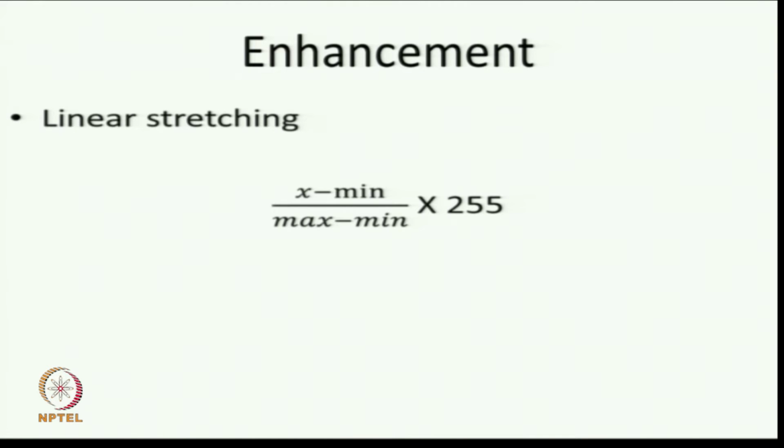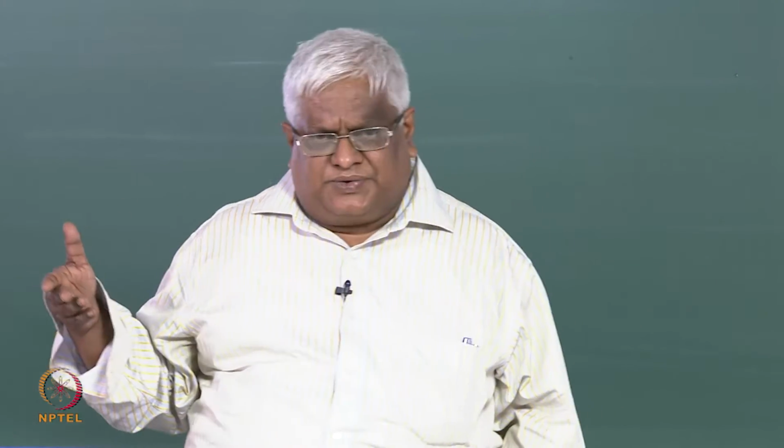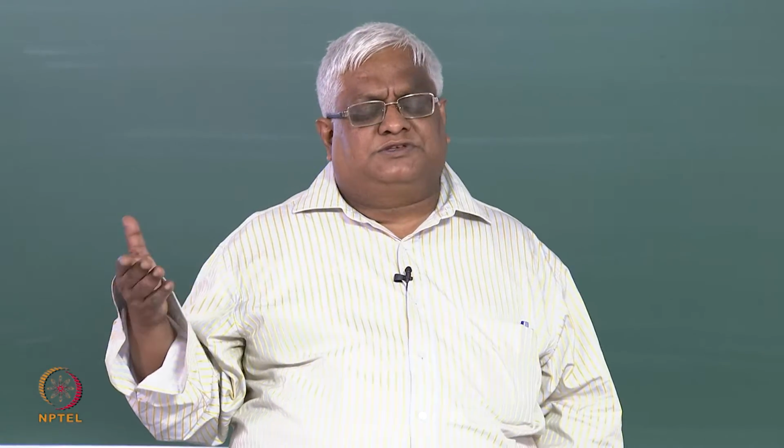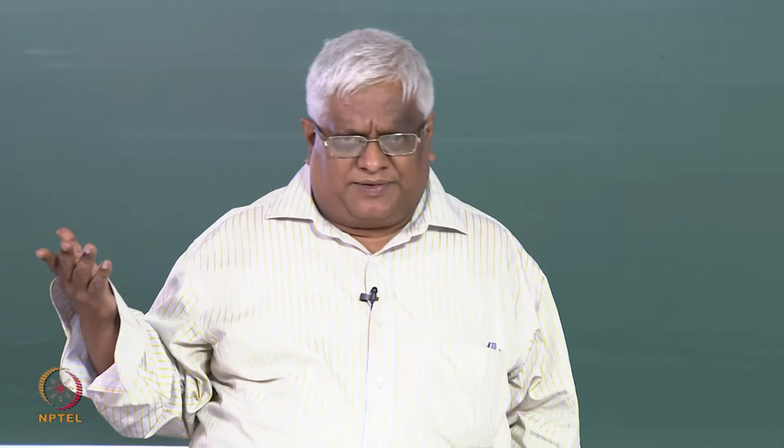For each image, you find the minimum gray value and the maximum gray value, and from each pixel value you subtract the minimum and divide it by maximum minus minimum and multiply it by 255. So, the minimum gray value in the original image corresponds to 0, and the maximum gray value corresponds to gray value 255 in the transformed image.